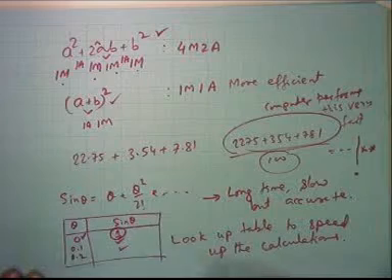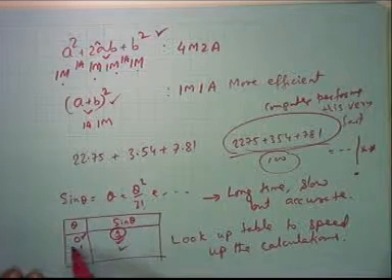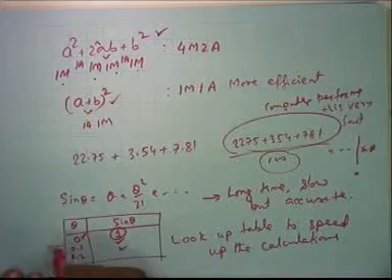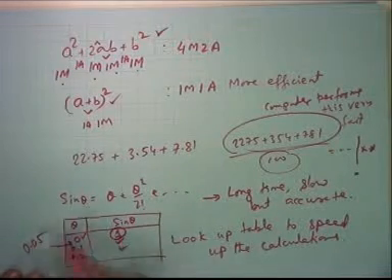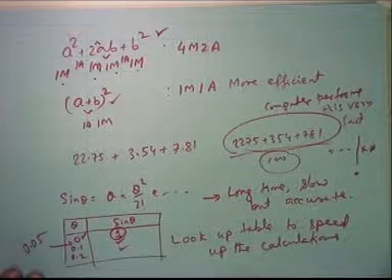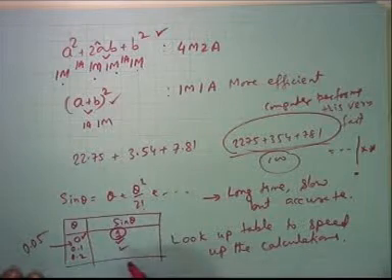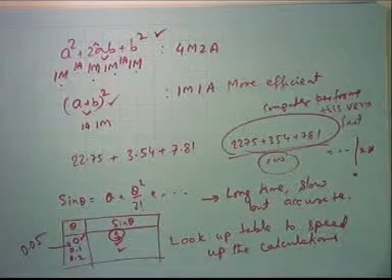But suppose you need a value in between, 0.05, then this data is not available here. So, what do you do for that case? That is explained next.